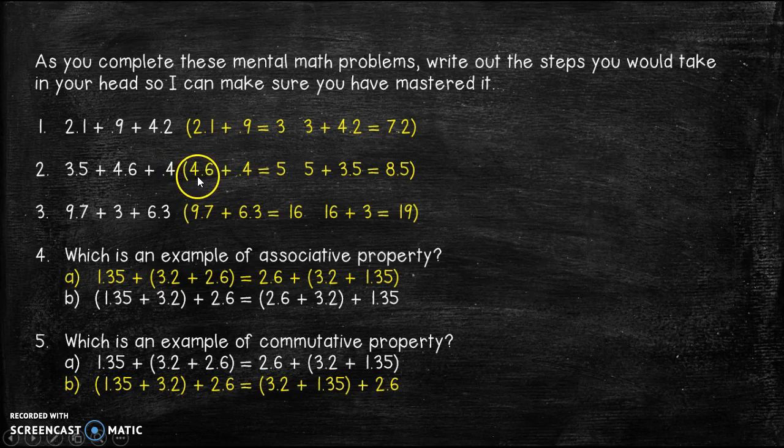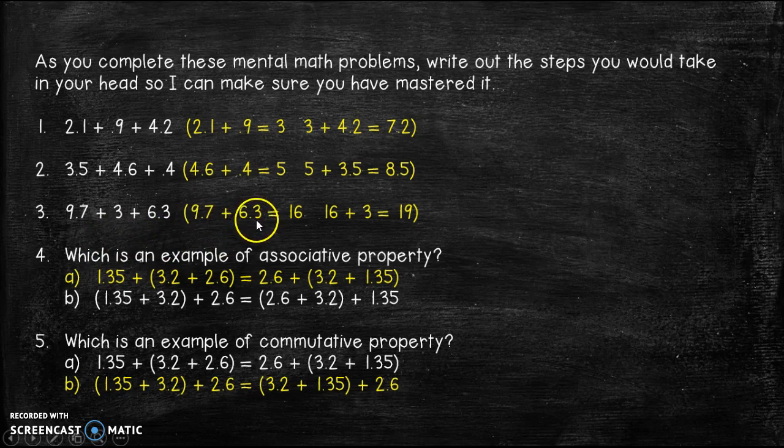So my compatible numbers for the second one are 4.6 and 0.4, because I know 0.6 and 0.4 equals 1. So I did 4.6 plus 0.4 equals 5, and then I couldn't forget about the 3.5 here, so I had to do 5 plus 3.5 equals 8.5.